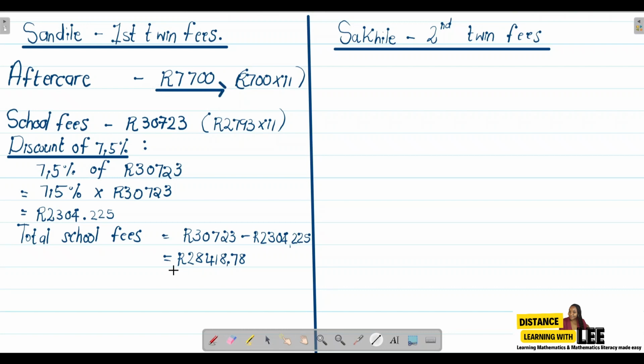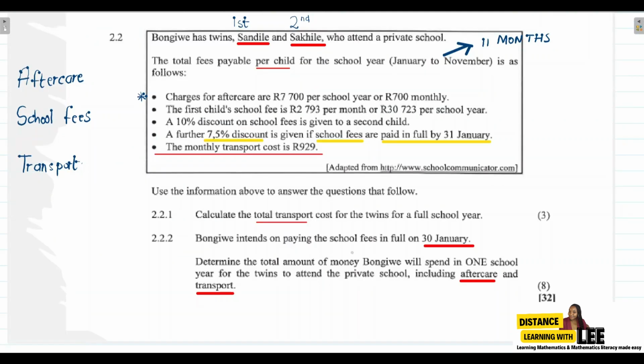We've already calculated the total school fees that she paid for the first twin. So all we need to do is calculate how much the transport fees are for the first twin, right? And we already know that Mrs. Dlamini pays 929 for the transport cost per twin, right?